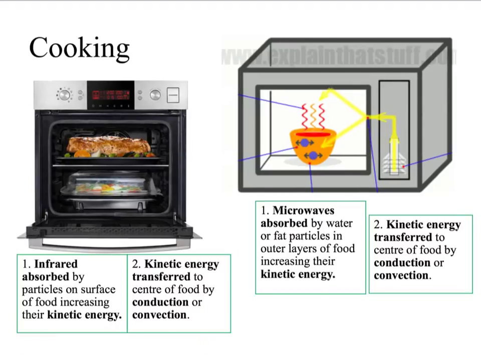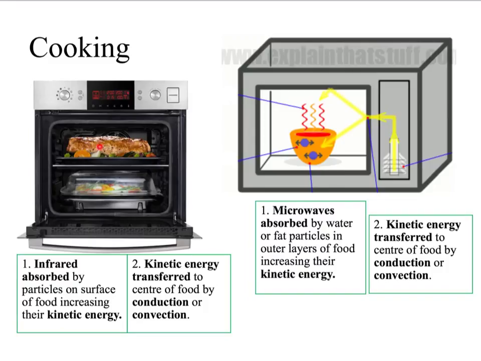Okay, so I mentioned before that conventional ovens work by using infrared, or radiated heat, and that the infrared is absorbed by particles on the surface of the food. Now that increases their kinetic energy, so the particles absorb the infrared waves, they start to vibrate, they heat up. The rest of the food heats up by conduction or convection.